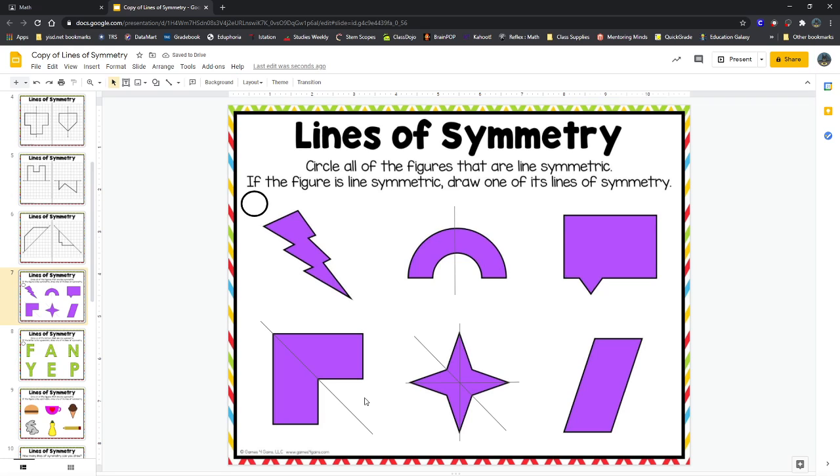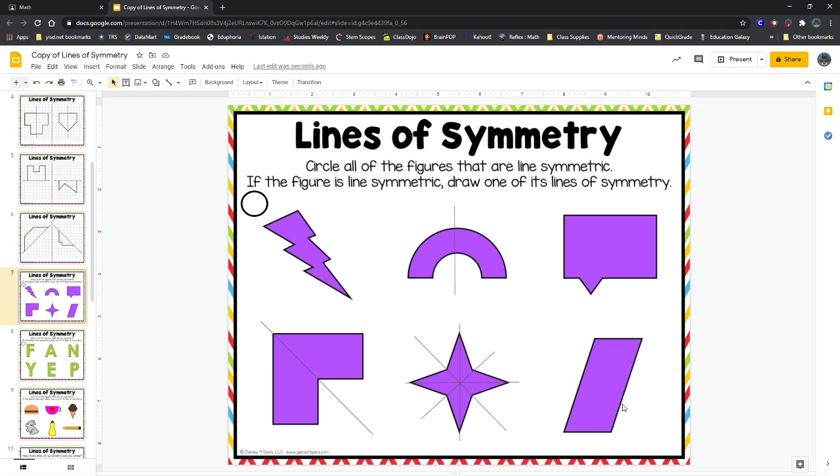Yes. Okay. Are there any more? Diagonal on the other side, like this, between the two points. Like that? Yeah. Absolutely correct. So this one had a lot of lines of symmetry. We had four different lines that you could use.